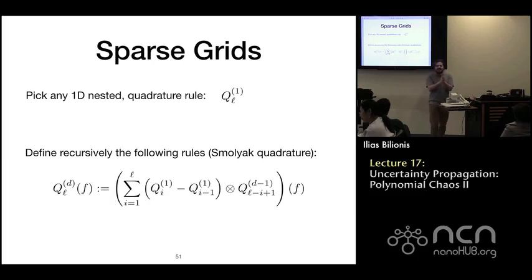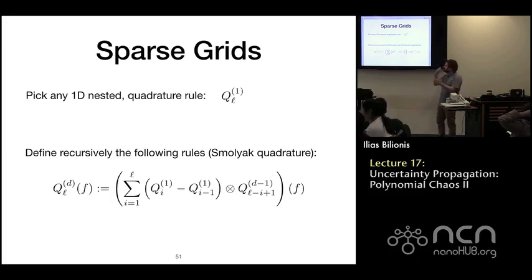So first, how does that work? You can create a Smolyak quadrature by taking a single one-dimensional quadrature rule, and we're going to use tensor products to create higher dimensional quadrature rules, but we're going to be throwing away some of the nodes.